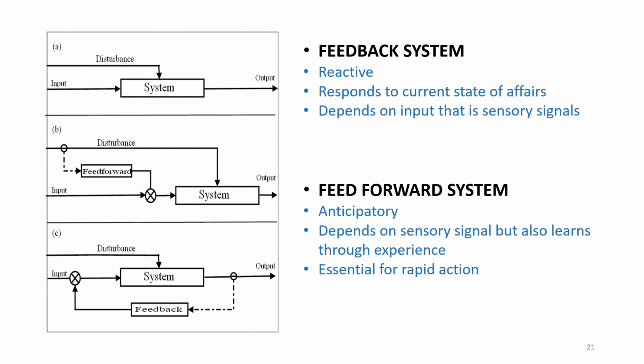What is the difference between a feedback system and a feed-forward system? A feedback system is reactive, responds to the current state of affairs and depends on the input, that is, the sensory signal. A feed-forward system is anticipatory, depends on the sensory signal but also learns through experience, essential for rapid action.